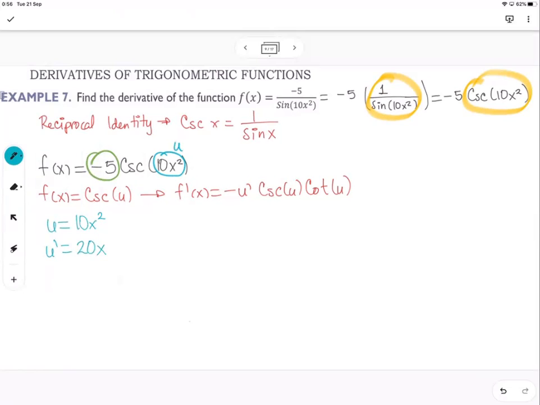Follow the rule. Okay, just follow the rule for the derivative. This is going to be, well, just paste the constant, don't forget.